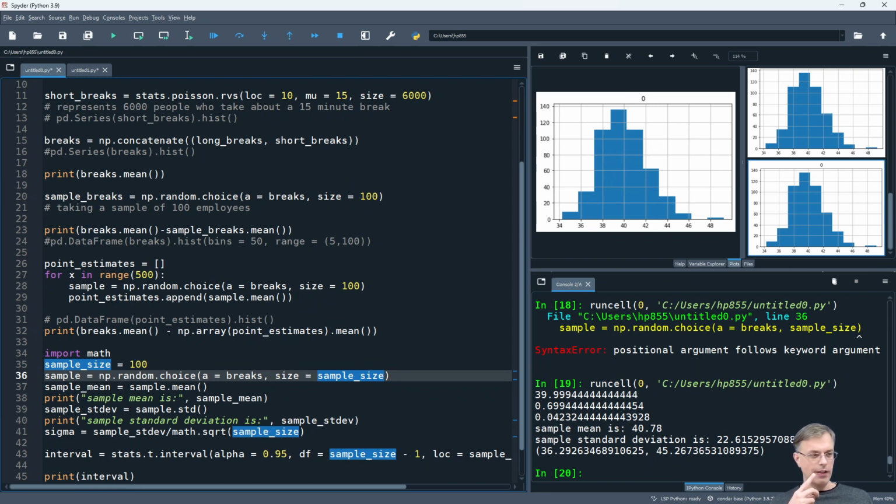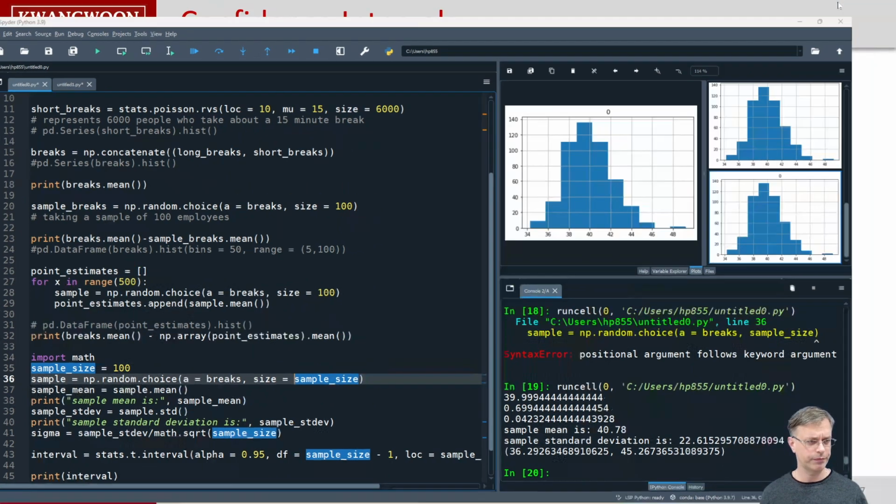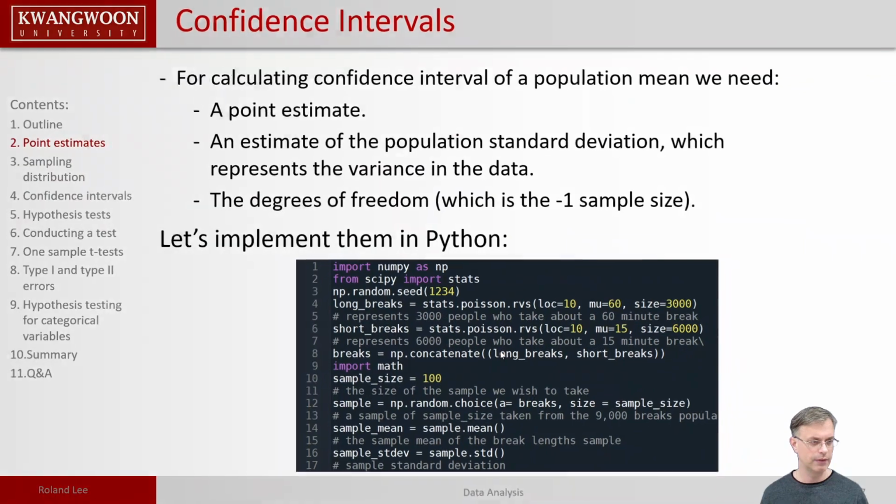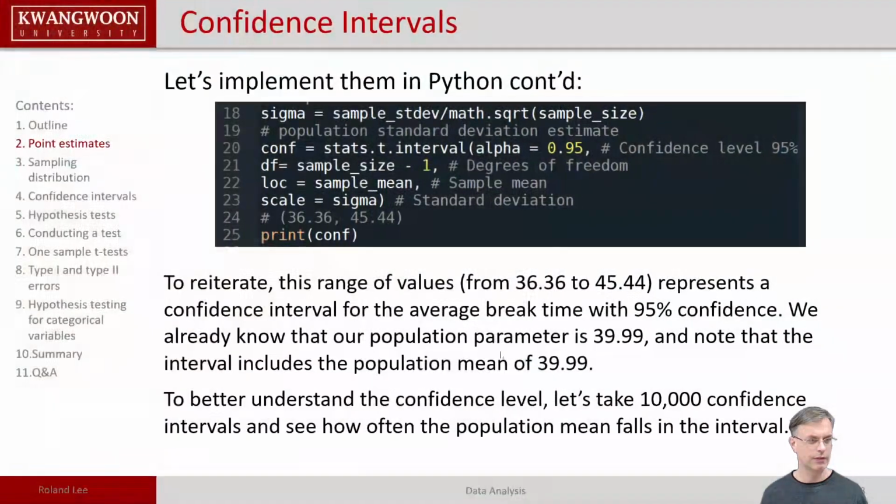So we got 36.29 and 45.26. So to reiterate, this range of values from 36.29 to 45.26. Here we go.